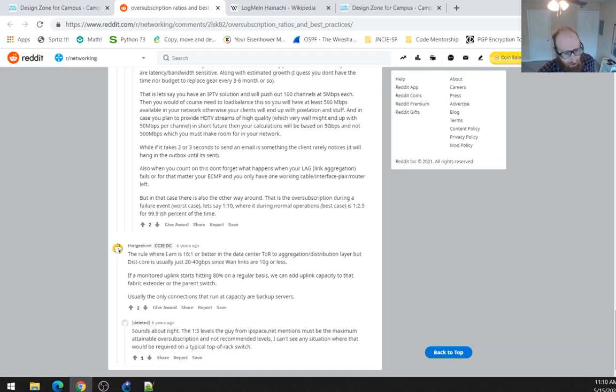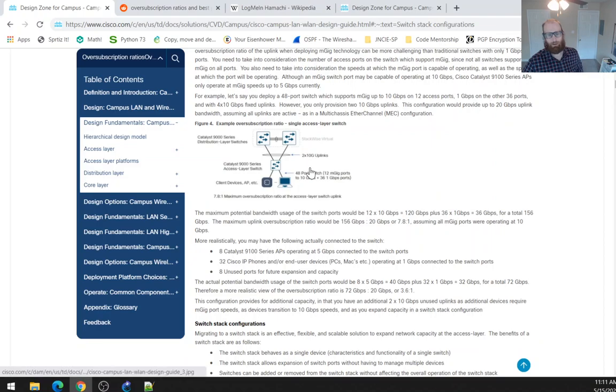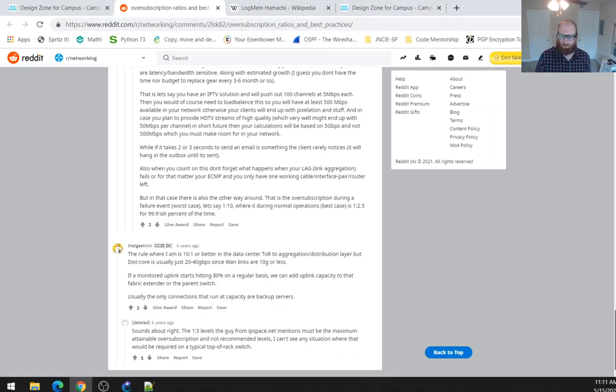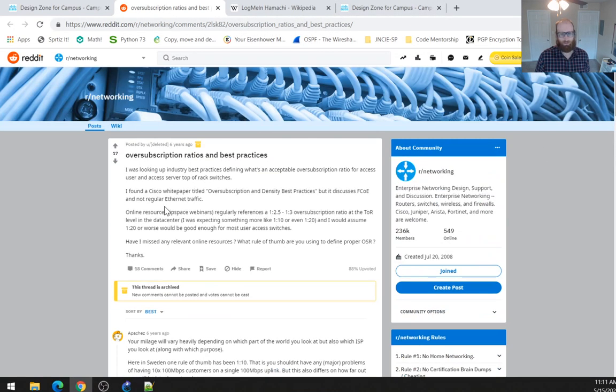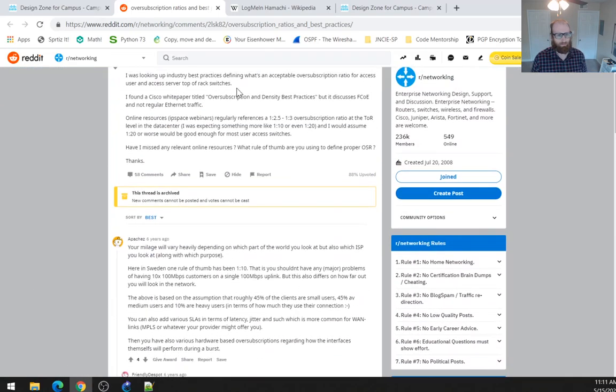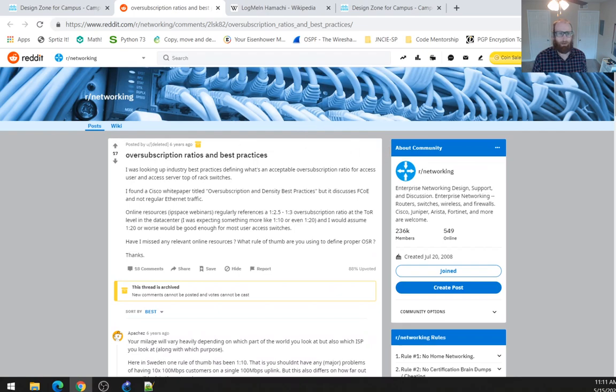Yeah, and you can see they're all flopping it. There's no standard on whether it's an edge to uplink or uplink to edge ratio. So in that post, when was this? 6 years ago, and it's deleted now. So, you know what? I think I might make a new post.